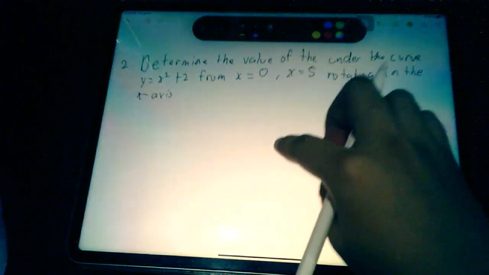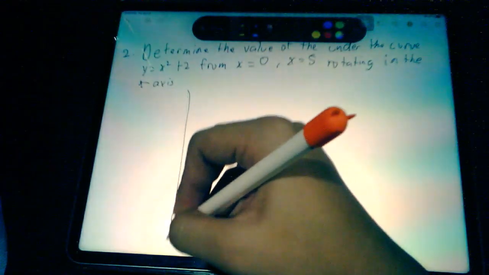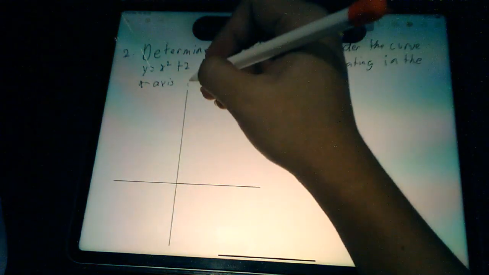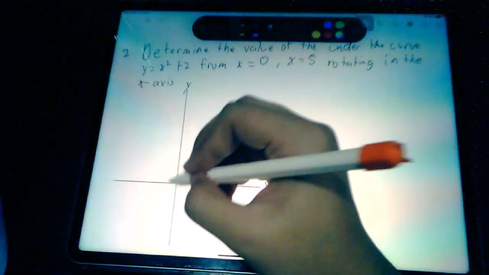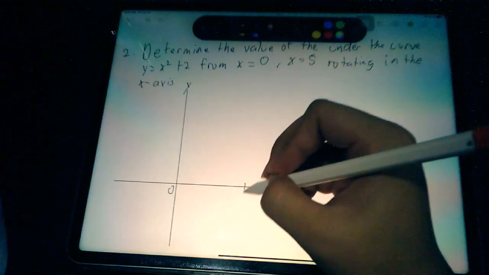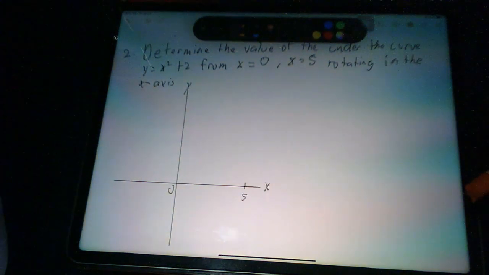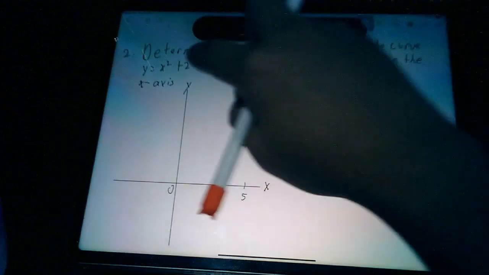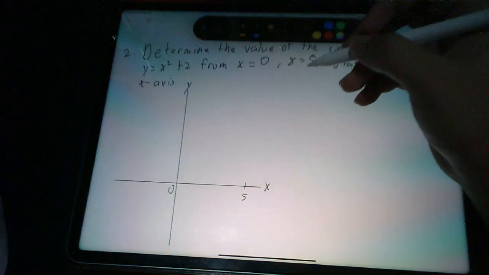So first we need to illustrate, so let's do that. This is our y and this is our x, from point 0 to 5. How do we get the vertex of the parabola here? This parabola is opening upwards. First, we are going to differentiate the parabola.